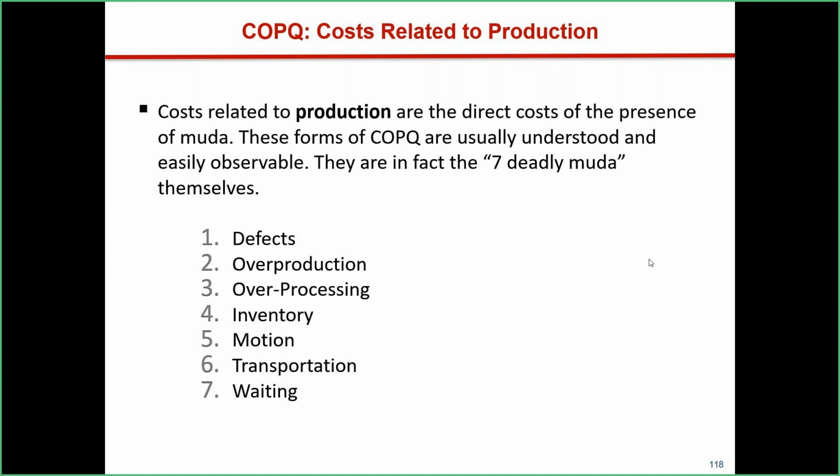If you want to remember them very easily, the acronym or short form is TIMWOOD. T stands for transportation, I for inventory, M for motion, and WOOD is waiting, overprocessing, overproduction, and defects.